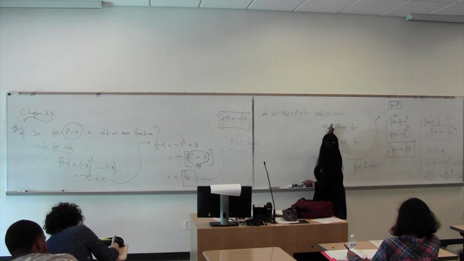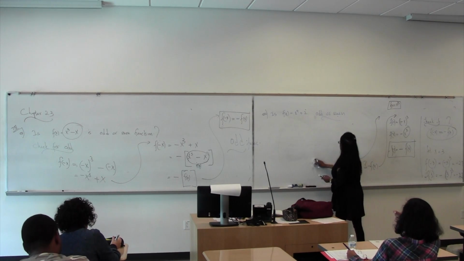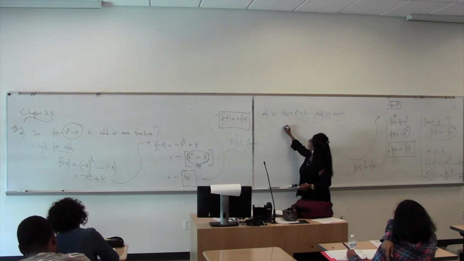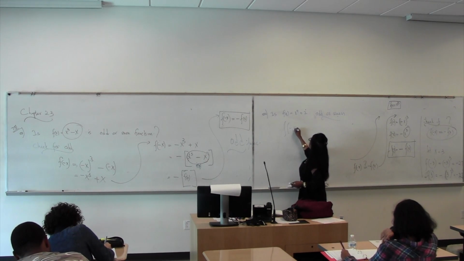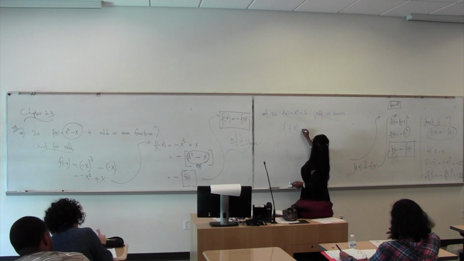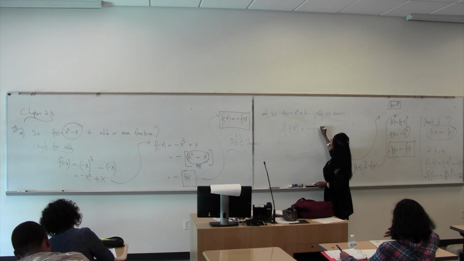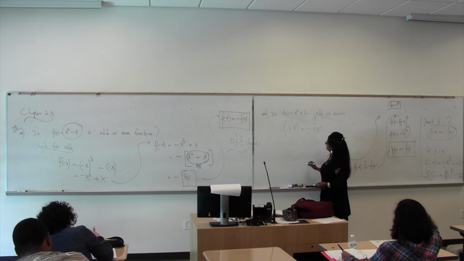So I'm going to check for odd here. How will you check for odd? f of negative x is equal to negative, we are running out of time, so we are going to check this.